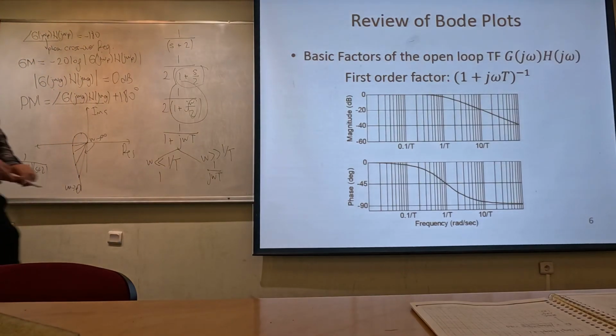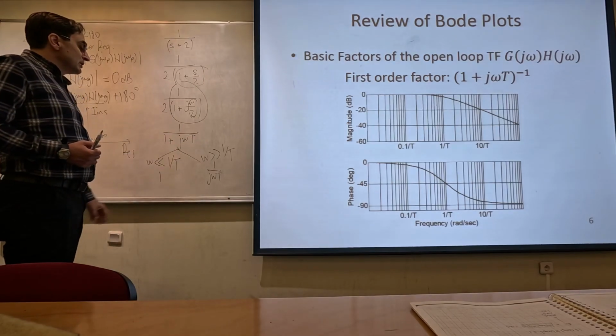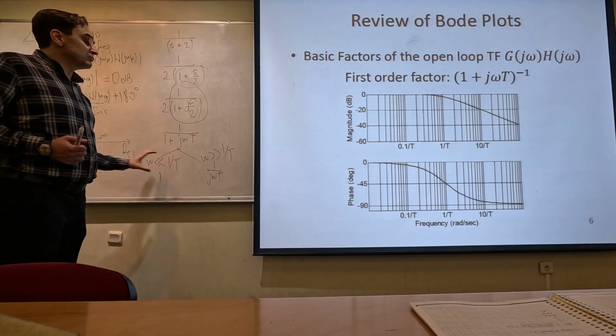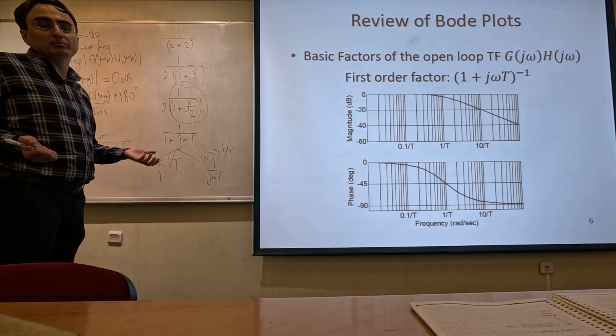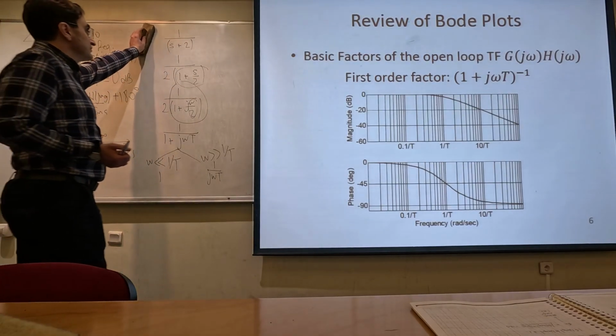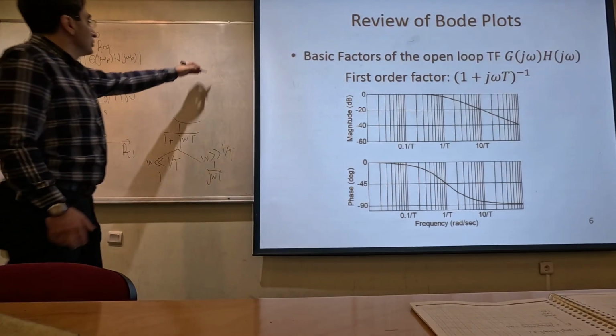Okay? So in both cases, we're going to be neglecting one of the terms, and when we draw only these things, in such a case, we would actually say that is an asymptotic plot of the Bode plot. And in this course, we're only going to be interested in the asymptotic plots. Okay? So here is what I'm going to do.